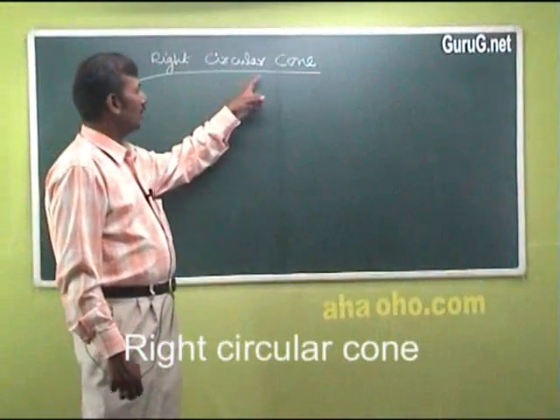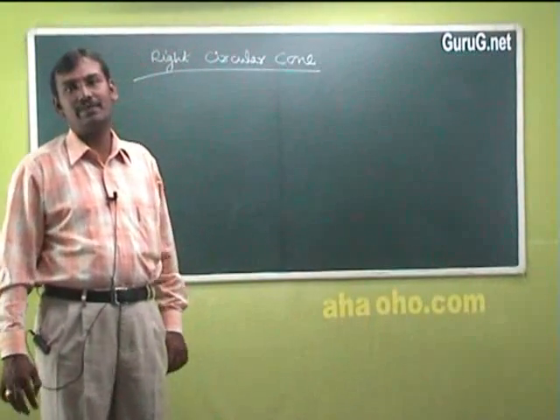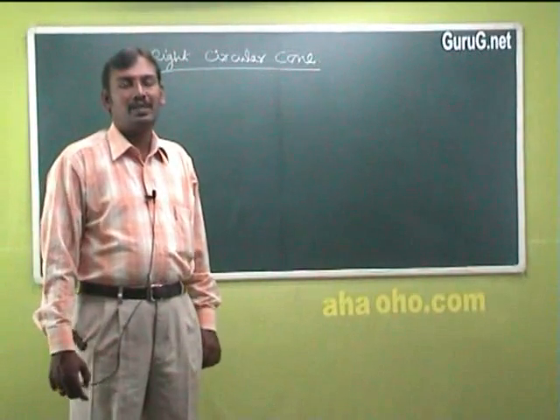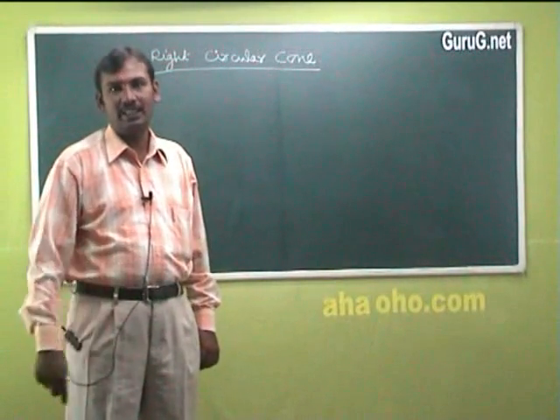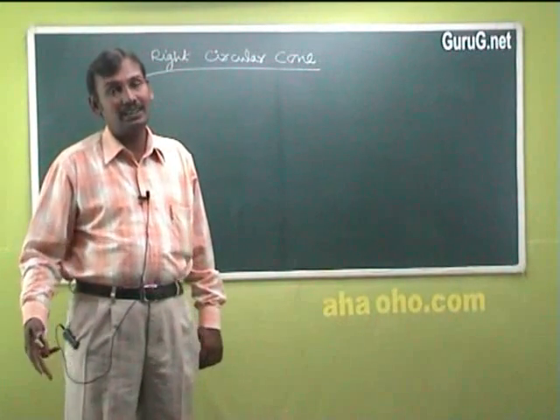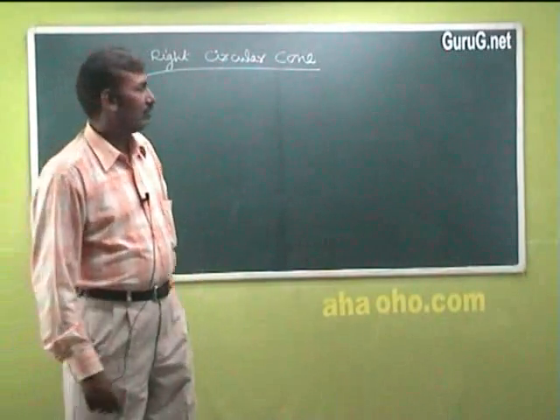Next, right circular cone. Right circular cone என்னன்னா, right circular cone is a surface generated by a straight line that passes through a fixed point and makes a constant angle with a fixed line, right? So listen here.